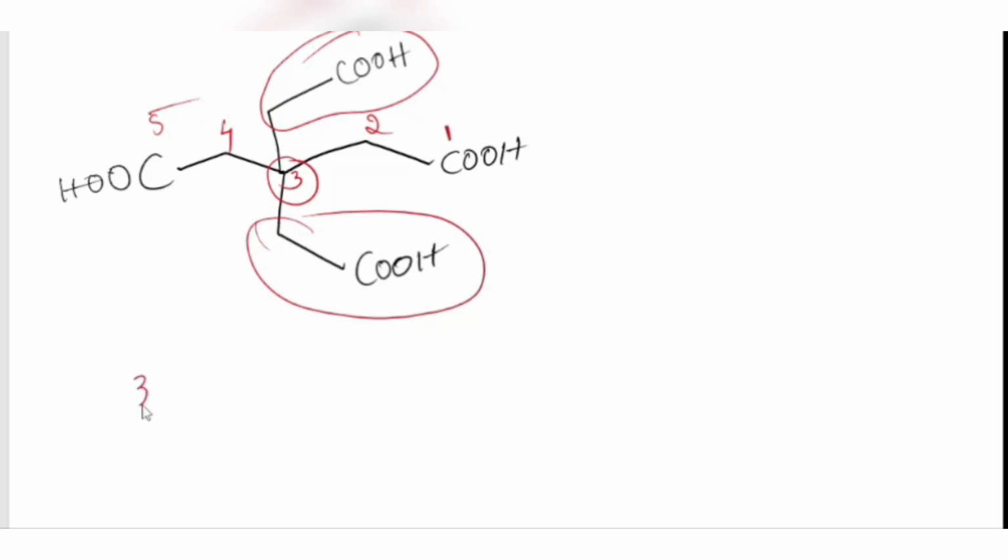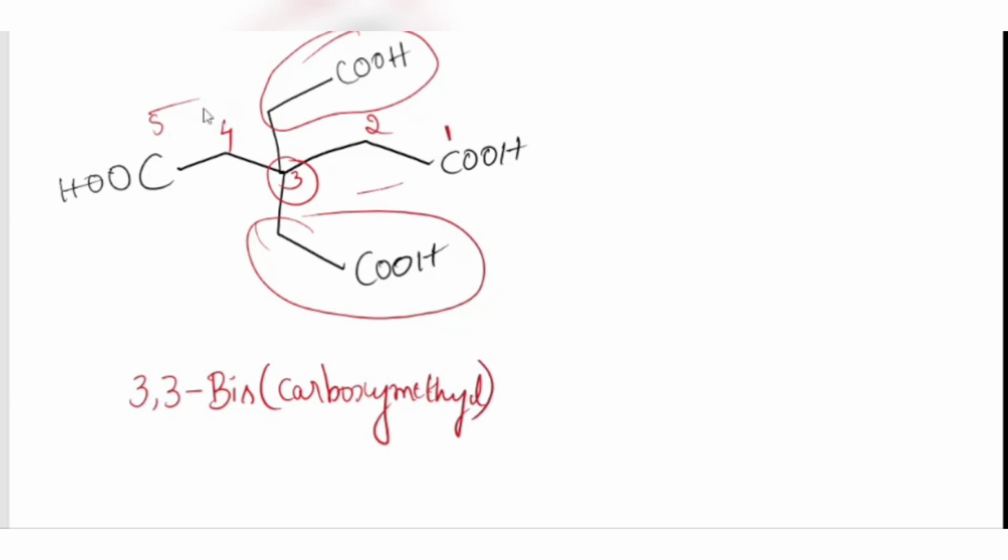That's why I will name it as 3 comma 3. Since a similar group is there on either side, I will write it as bis, and I have to open the bracket. Here carboxy, the acid group is called carboxy, and then this particular methyl group, carboxy methyl, I have to close the bracket.